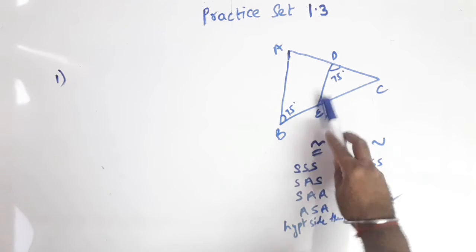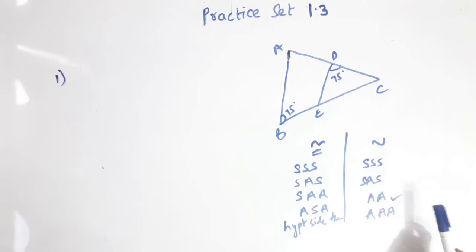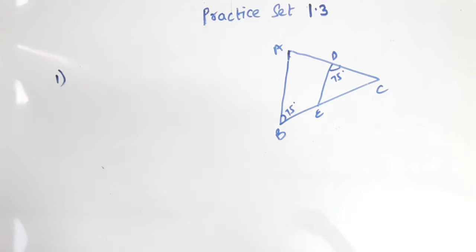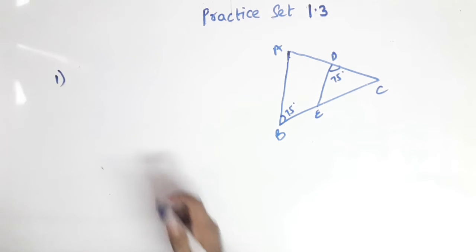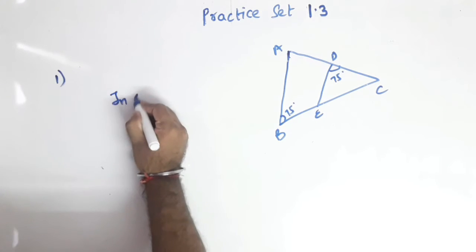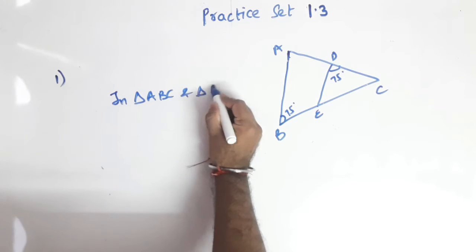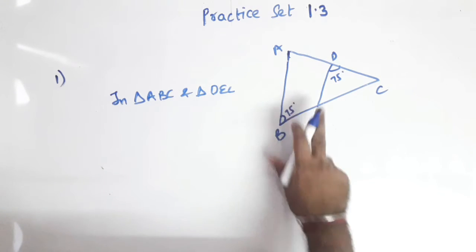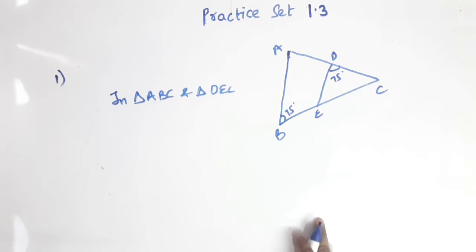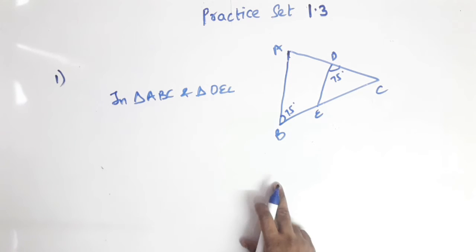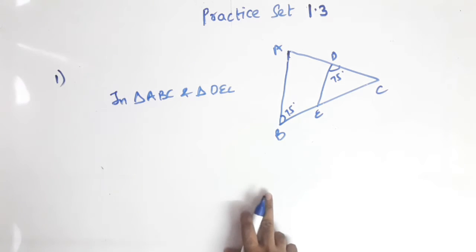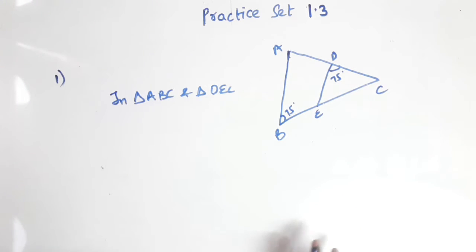I think with these two triangles we can prove by this simple angle test. So how can we prove this? I'll first write the names of the triangles: triangle ABC and triangle DEC. Here the correspondence is different, so it is fine, but while writing similarity of two triangles, the correspondence should be correct.